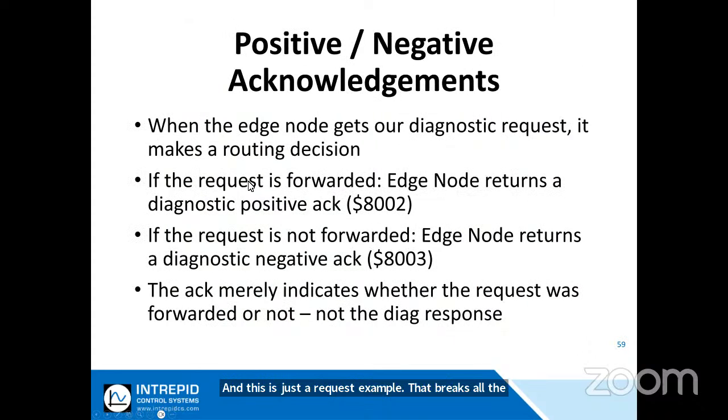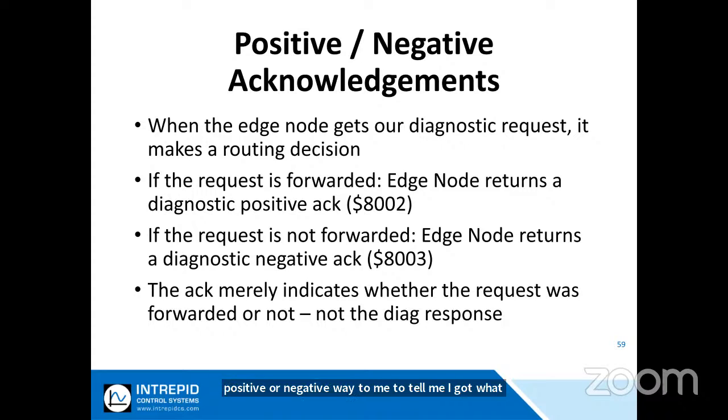Now, the thing that you have to remember with DoIP is that you're not talking directly to the ECU. So that means it's not that I just send one request and get one response back. I'm going to send one request that gets to the edge node. The edge node actually responds back either in a positive or negative way to me to tell me I got what you sent and I'm okay with it.